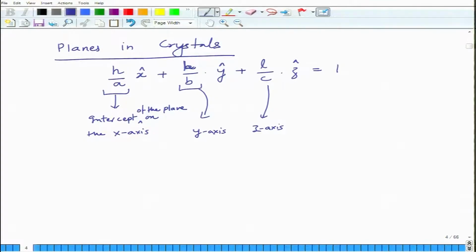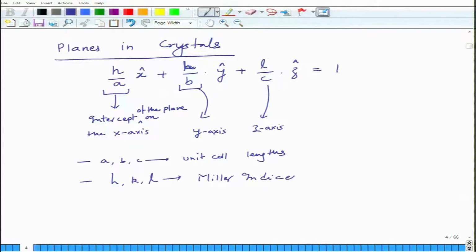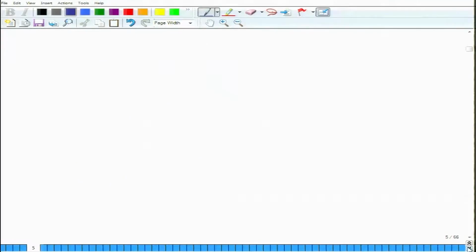And a, b, c are the unit cell lengths or lattice parameters as we call them, and h, k, l are Miller indices.